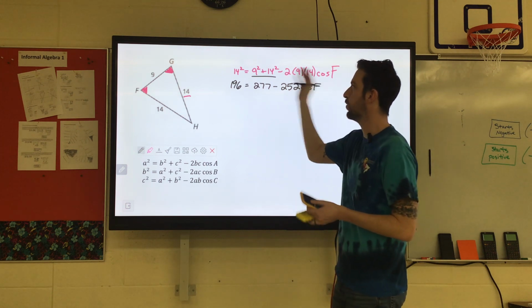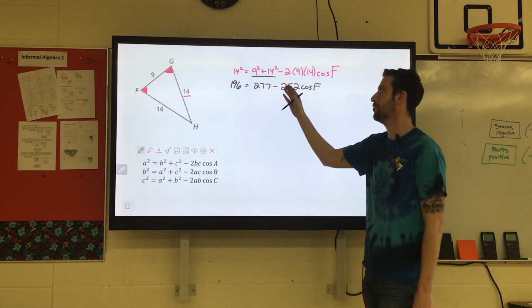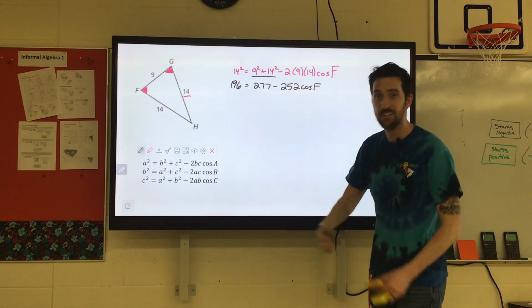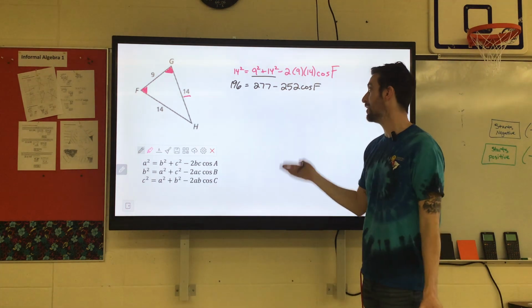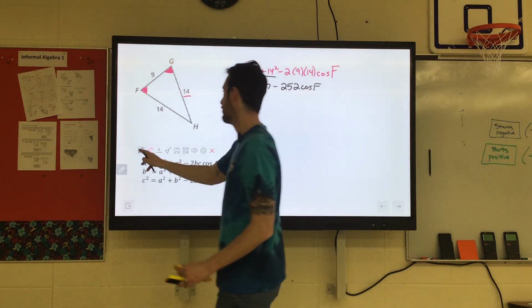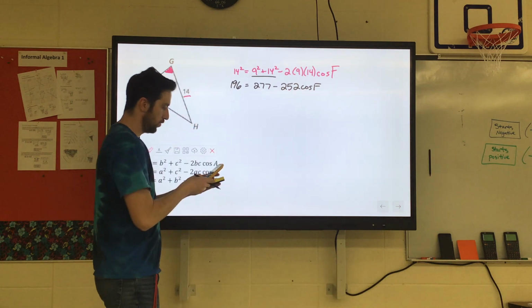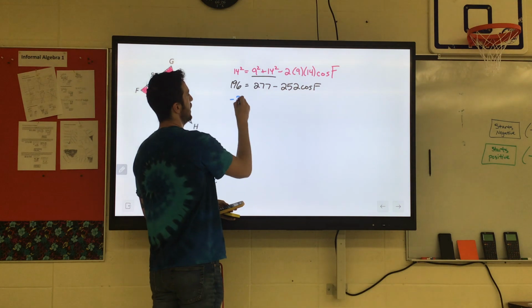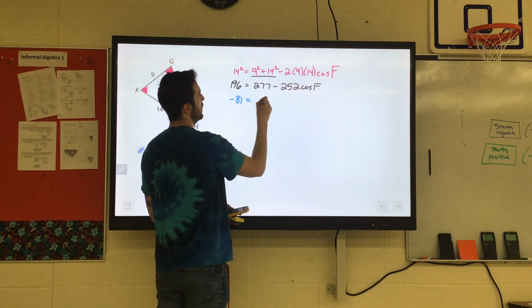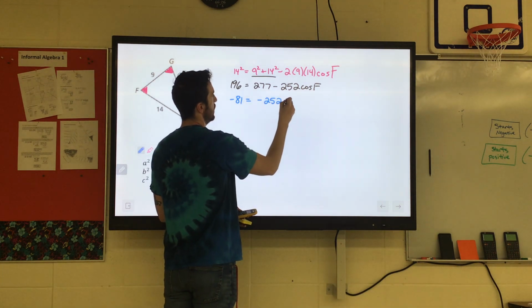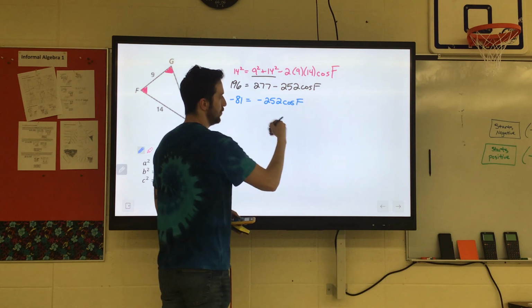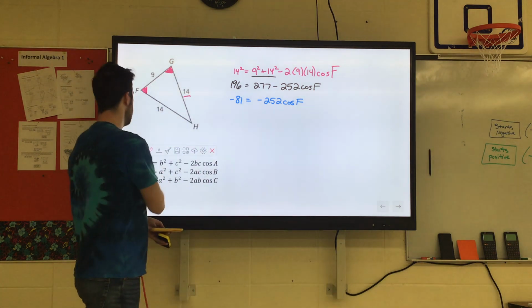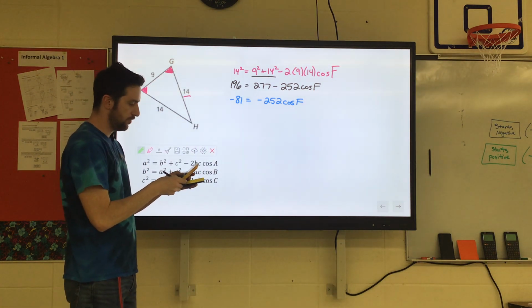Now look, if that was 196 equals 277 minus 252x, you would all know what to do. It's the same steps. We'd get rid of the 277 first by subtracting it. So 196 minus 277 is negative 81 equals negative 252 times the cosine of F. It's being multiplied, so we're going to divide both sides by negative 252.